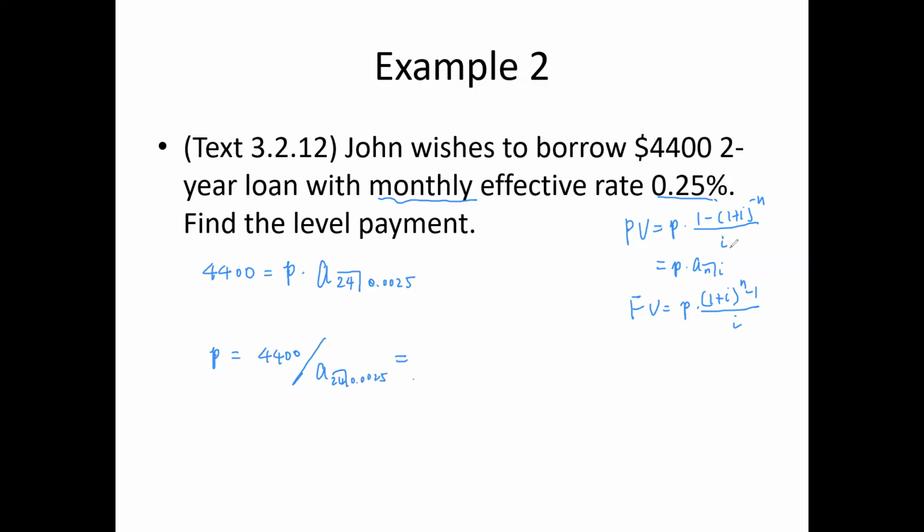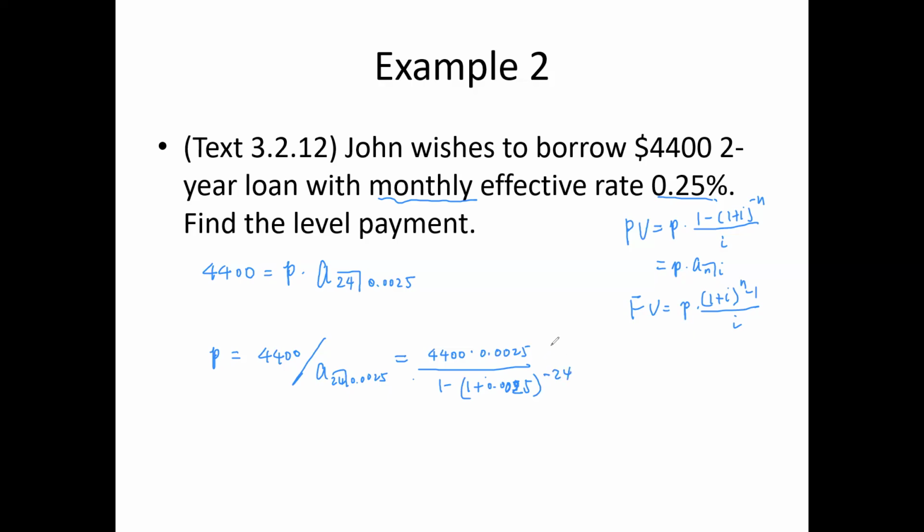And you use this formula, right? This formula, flip it. I have 4400 times i, 0.0025 over 1 minus 1 plus 0.0025 to the negative 24.